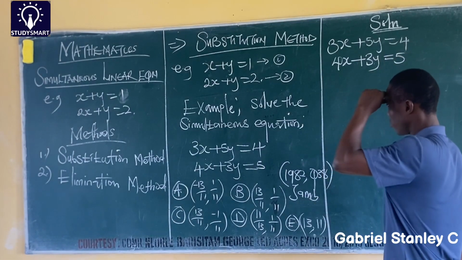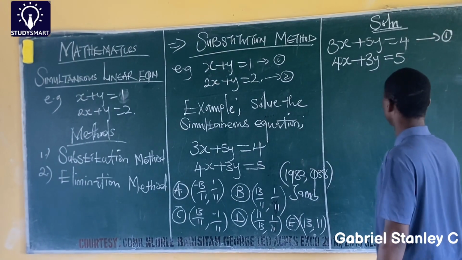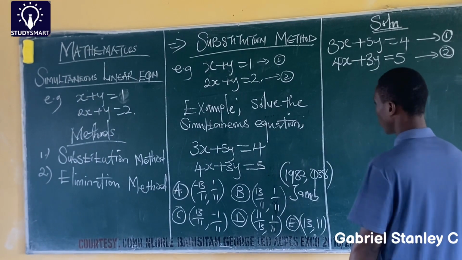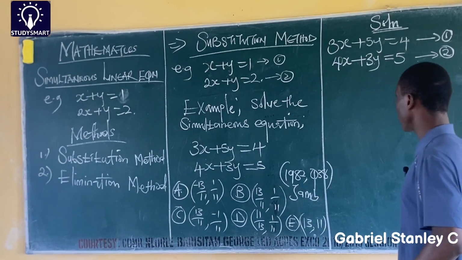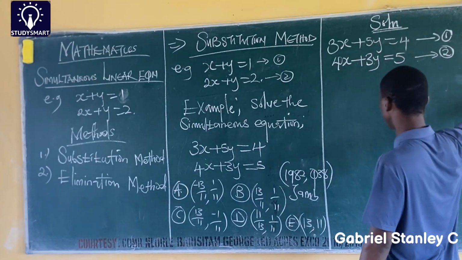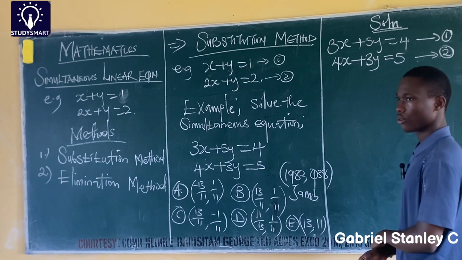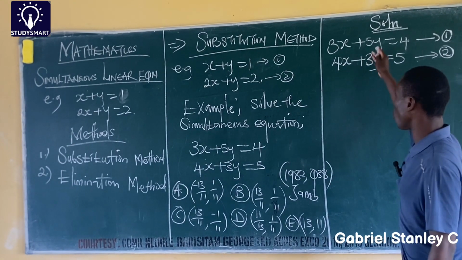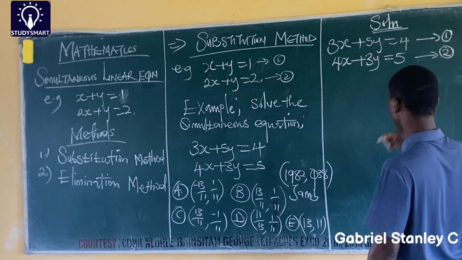From this problem, we can call the first equation 1, and the second equation 2. In this case, just like I explained earlier, you can start with either equation 1 or equation 2, depending on how it suits you. You can also decide to look for x first, or for y first. I will be taking equation 1 first.